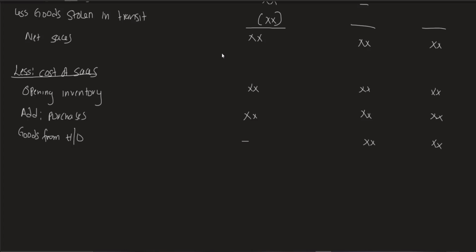Next we can have obsolete goods. We less obsolete goods. Can be from the head office or from the branch.